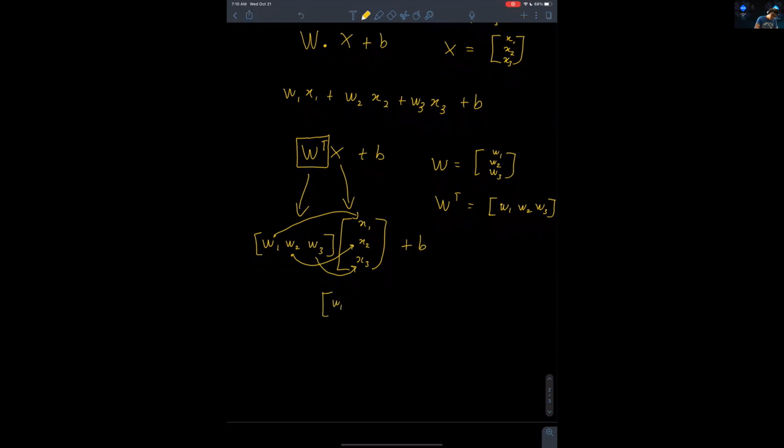So you're going to get W1 X1 plus W2 X2 plus W3 X3 plus B. That's just to give you an understanding of how the transpose works and how you can multiply these matrices together.